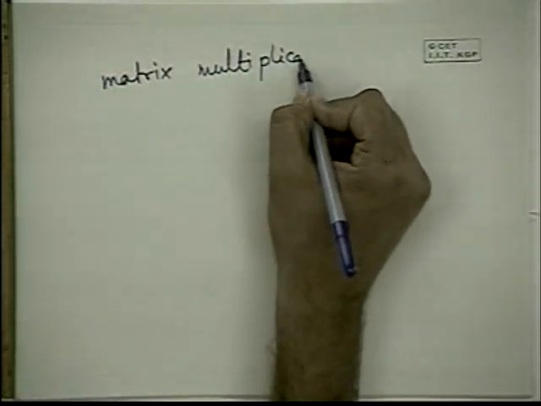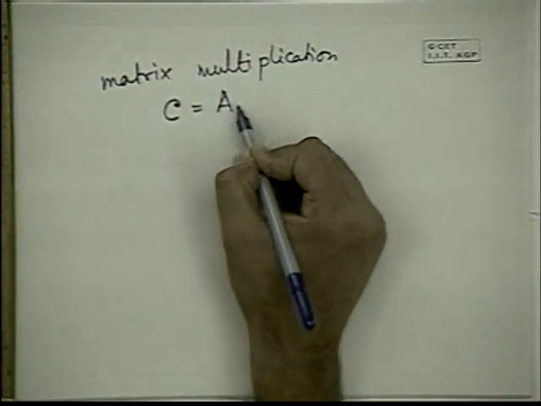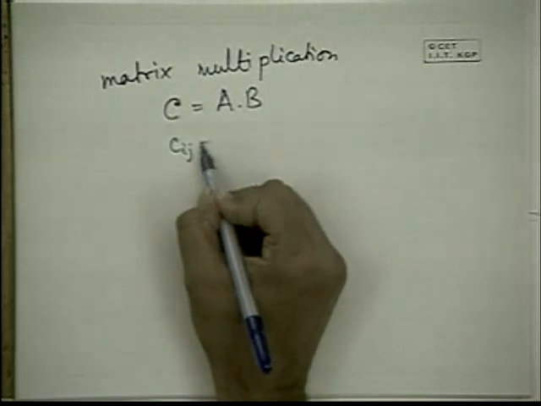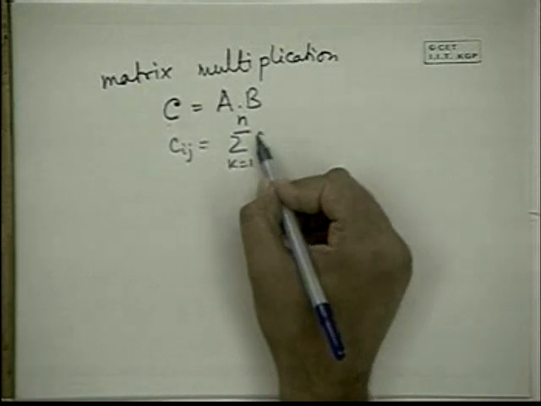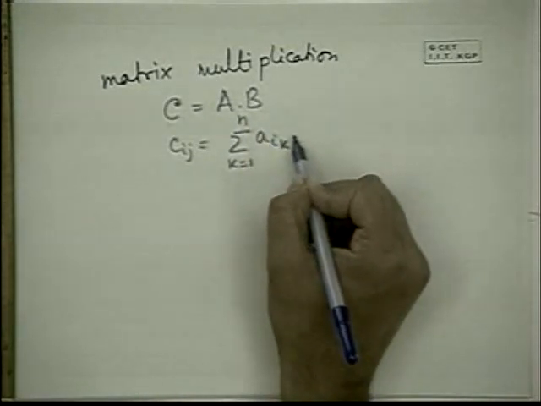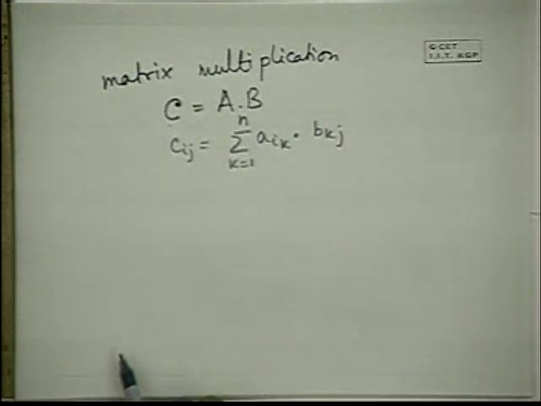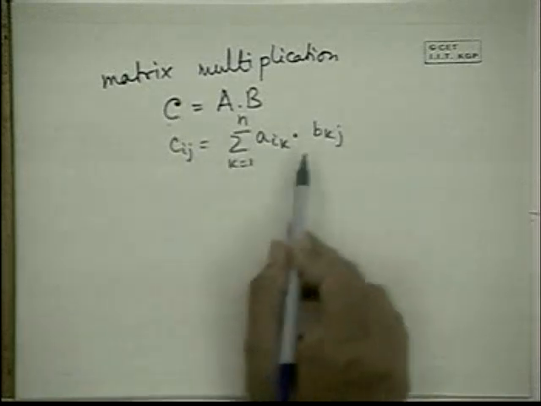Suppose you are multiplying the matrix A and B, creating C, then how do you create it? Cij is equal to sigma k is equal to 1 to n aik times bkj. That's the way you get one entry of the output matrix when you multiply two matrices.